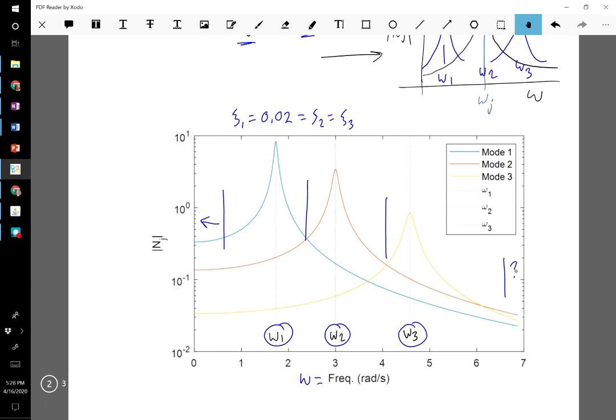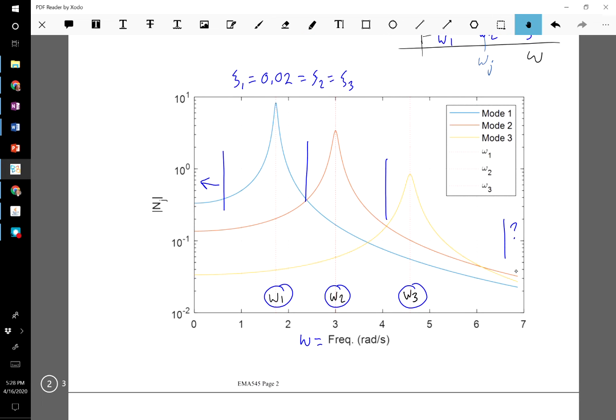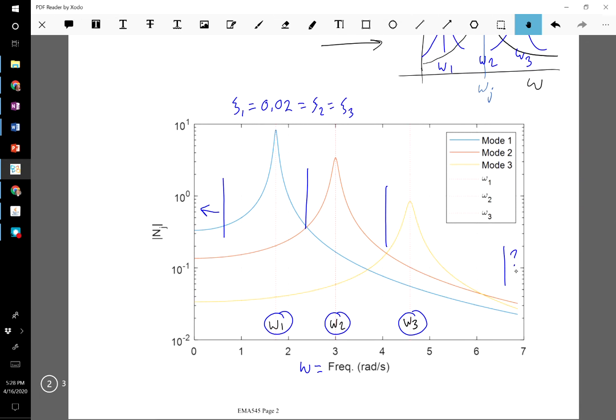All right, so a lot of structures are actually designed this way. One example is a helicopter. A helicopter is an airframe with lots of resonances, lots of flexible components. So if we were to plot this kind of thing for a helicopter, we would see lots and lots of different peaks and lots of different points where this could go into resonance. And we'd have to design the operation speed of the helicopter.